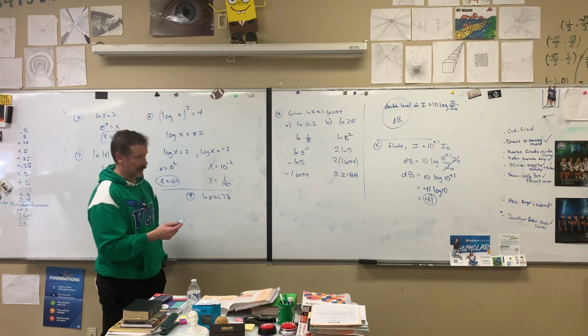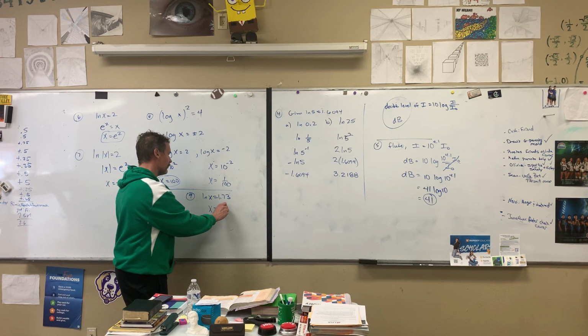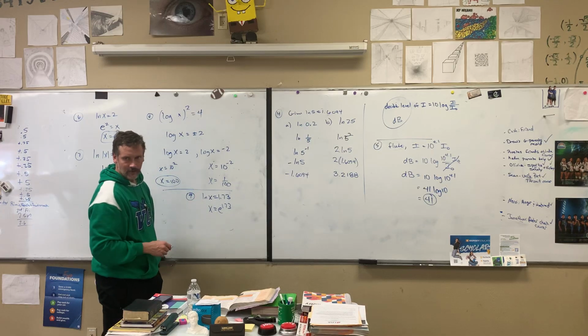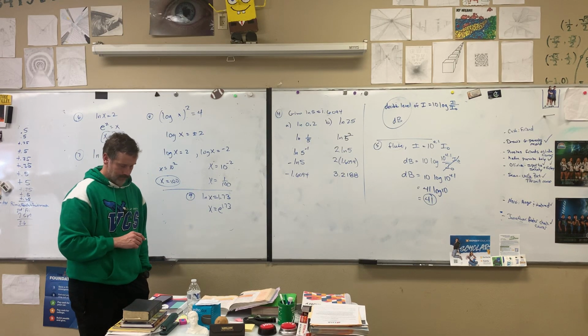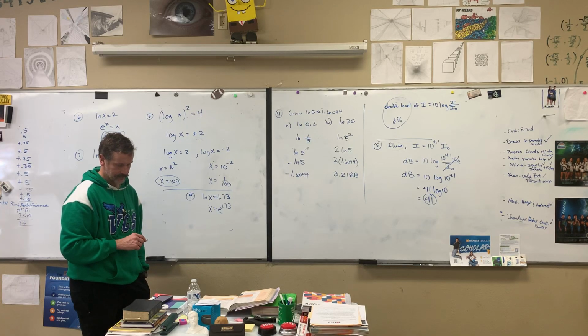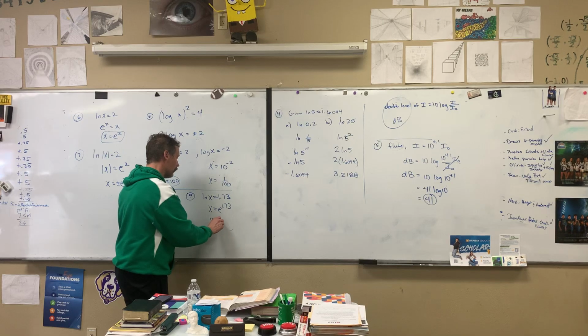They want it in terms of a decimal, so you're just going to say x equals e to the 1.73, and then what does that give you on your calculator? Okay. So there you go.